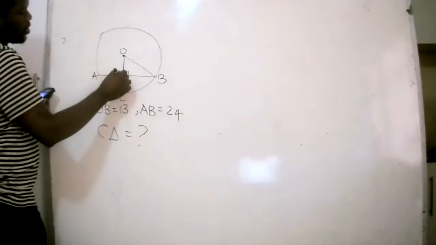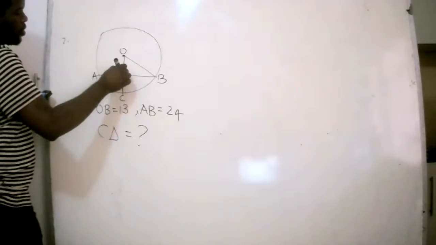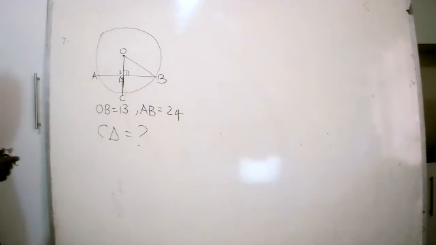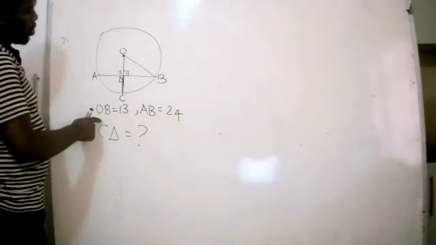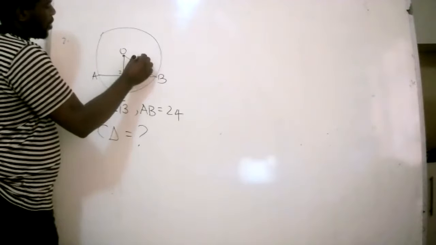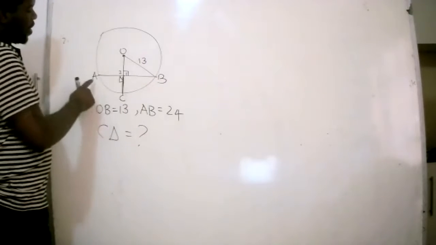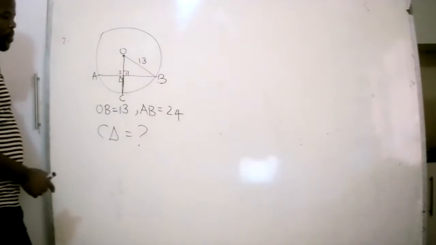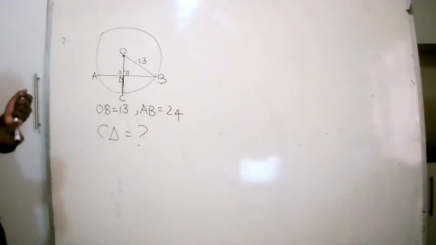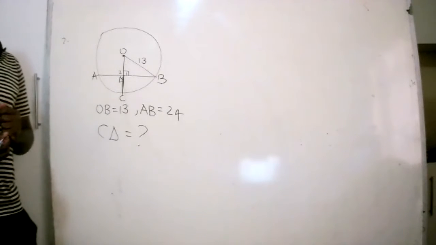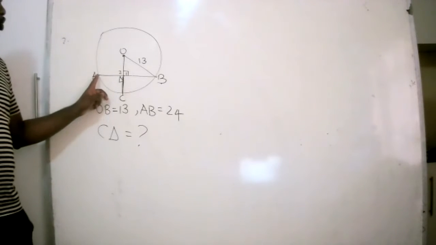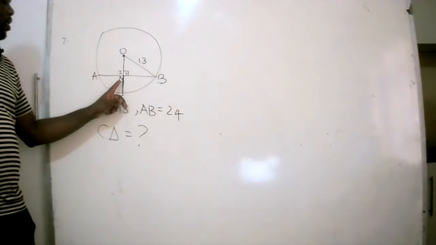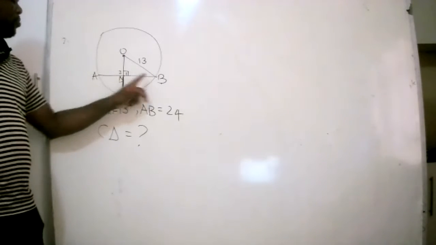We want to calculate this distance here. What are we given? We're given OB, which is 13 here. We are also given AB, which is the distance from here to there, which is 24. So by now, I believe you remember the midpoint theorem, which talks about this distance here. The distance AD is equal to the distance DB.